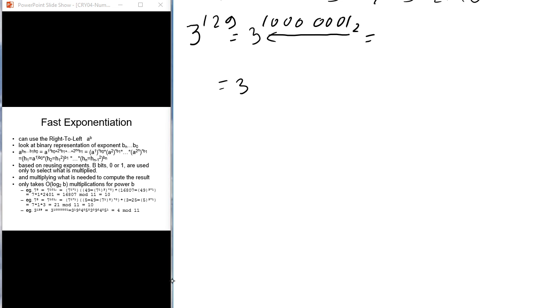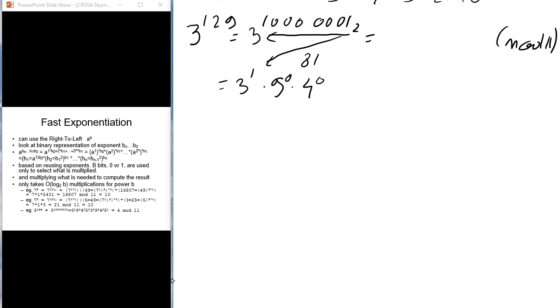3 at power 1, and then 3 square makes 9, mod 11 remains unchanged, times 9 square, it's 81, which is 77 plus 4.